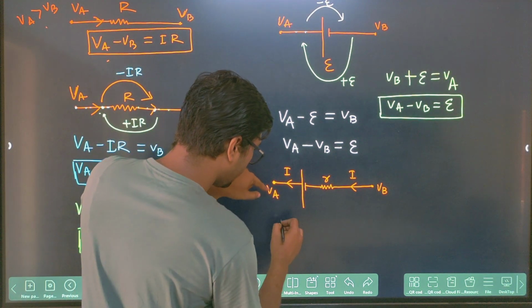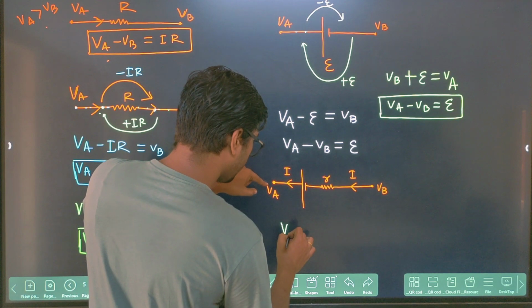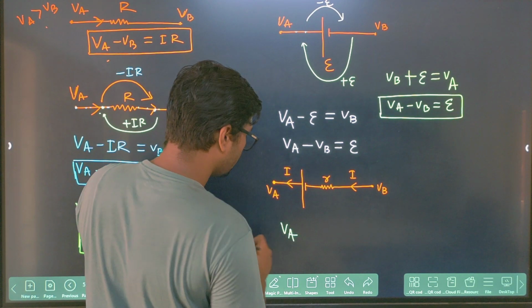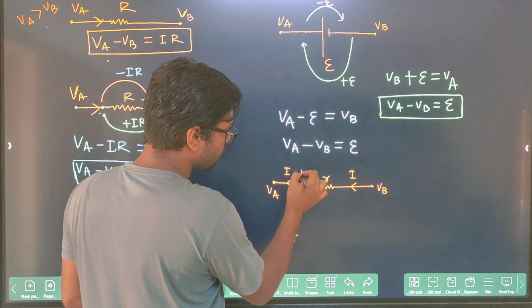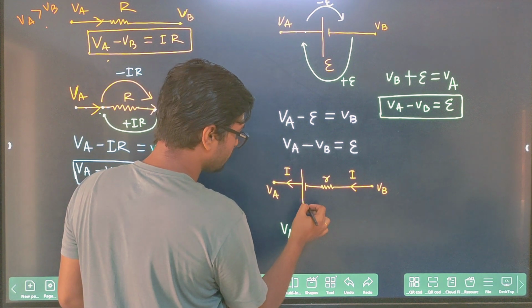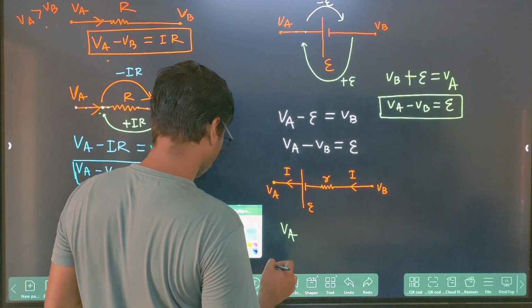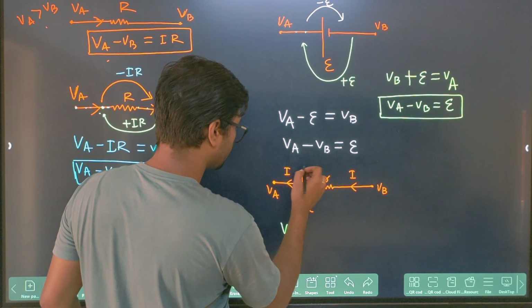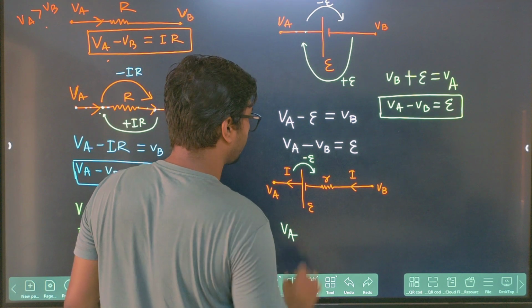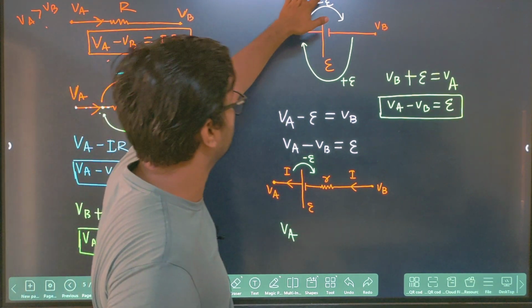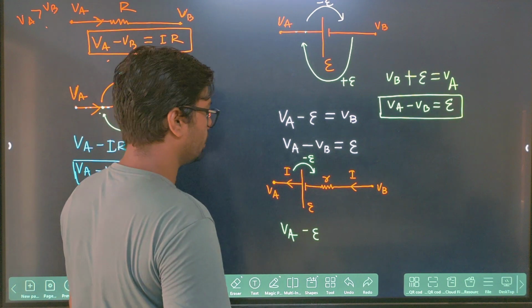Yes sir, I can write. So this is your VA. Now you are moving from positive to negative, so this is EMF E. If you are moving from positive to negative, there will be a potential drop, that is minus E. That thing we have seen here, so you will write minus E. Clear?